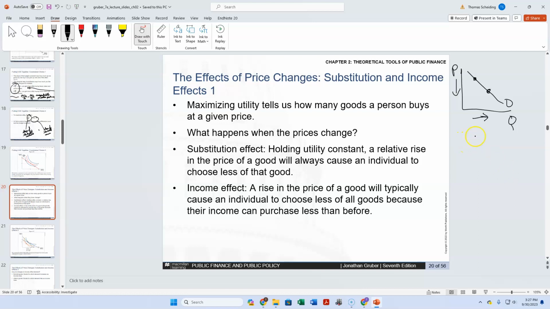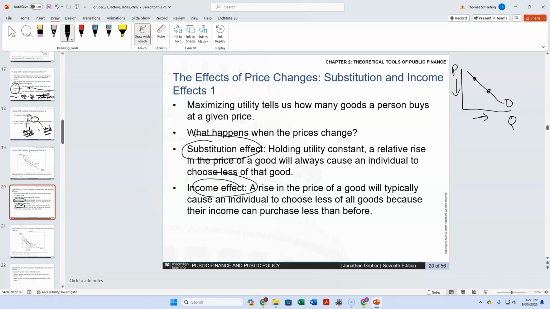Because it was then in intermediate microeconomics where you started to ask yourself, why is that the case? Beyond just saying that people buy more of a thing that is cheaper. And that was when we take into account the substitution effect and the income effect.